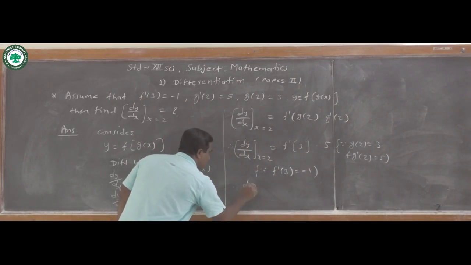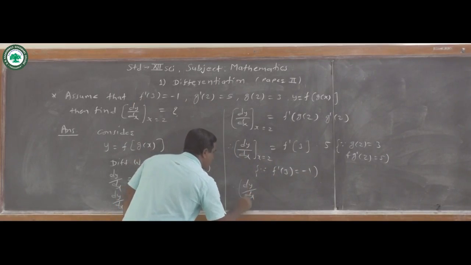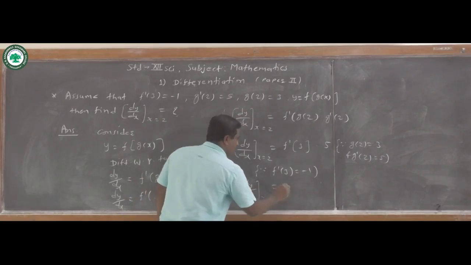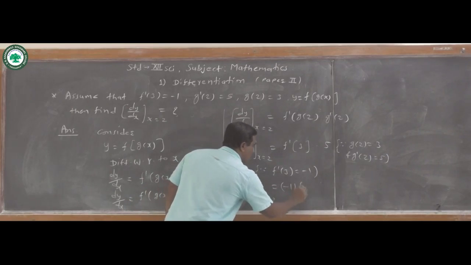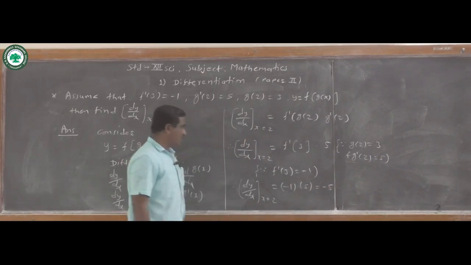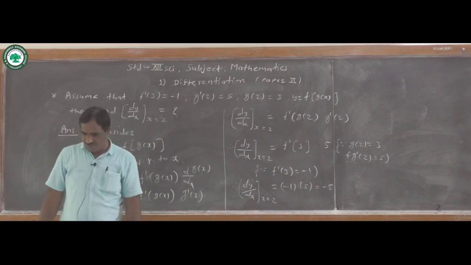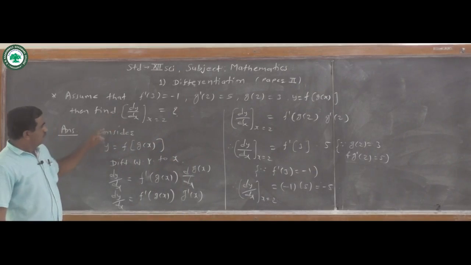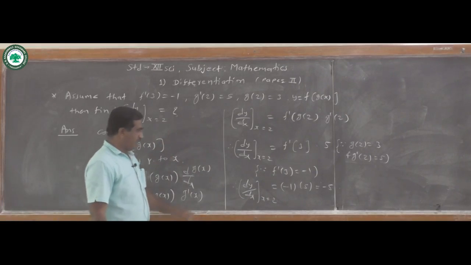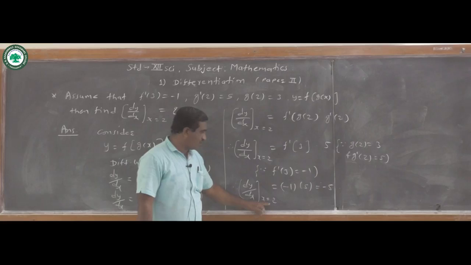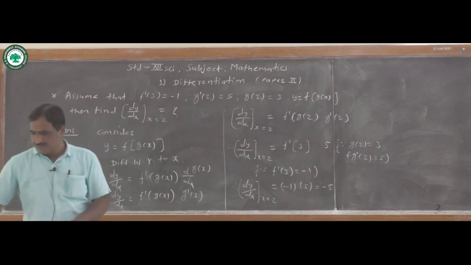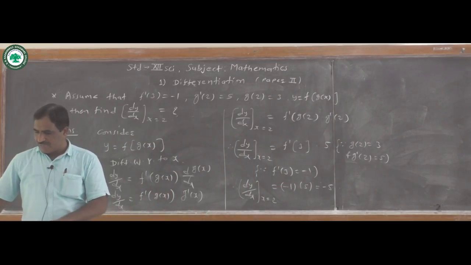Therefore, dy by dx at x equal to 2 is equal to minus 1 into 5. That is, we get minus 5. That is derivative of given function y, f of g of x at x is equal to 2 is dy by dx at x equal to 2 equal to minus 5. Now we can take similar type of examples again.